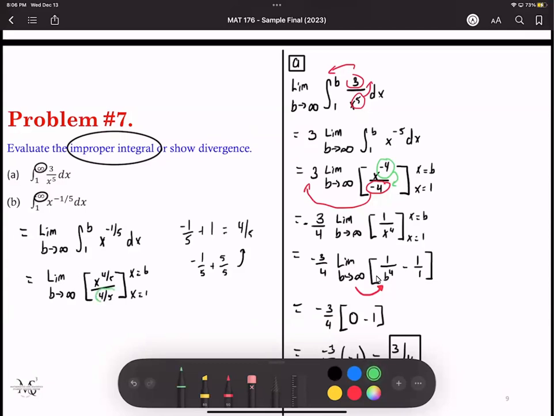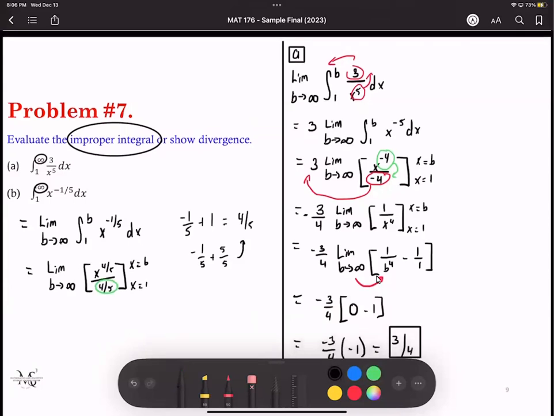Instead of dividing by this fraction, 4/5, you can multiply by the reciprocal. So if you flip 4/5, it will become 5/4, and I can pull it out here, right? So this is going to equal 5/4 times the limit as b approaches infinity of x to the power of 4/5 from x equals 1 to x equals b.